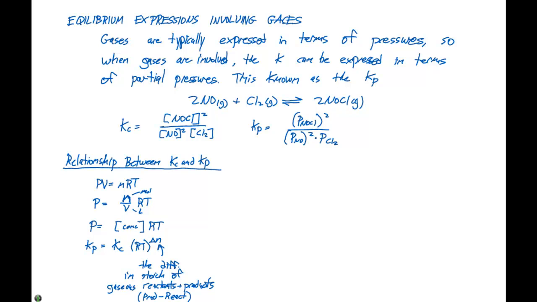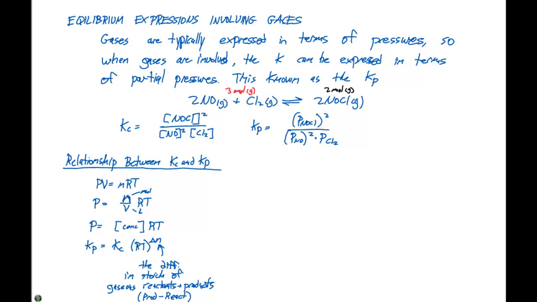So let's come back up here and look at this reaction where we have 2NO gas plus Cl2 gas in equilibrium with 2NOCl. We can say that over here on the reactant side we have 3 moles of gas, and over here on the product side we only have 2 moles of gas. So our Kc and our Kp are going to be different.